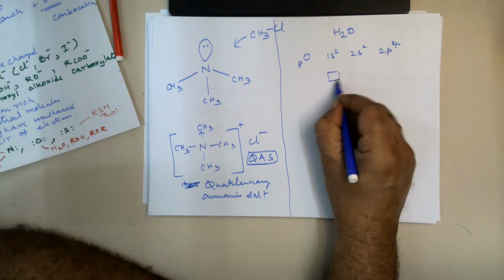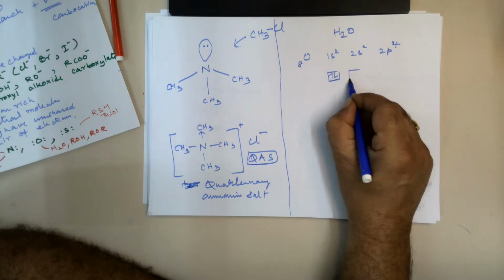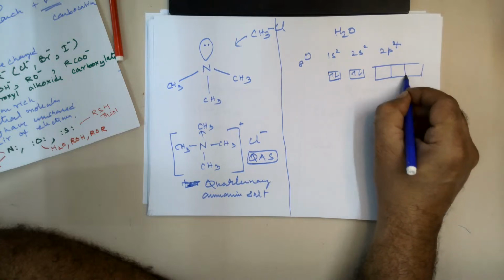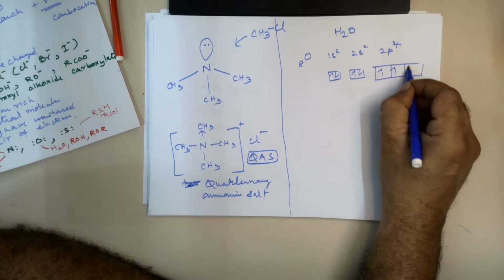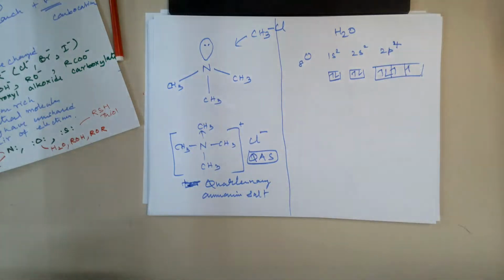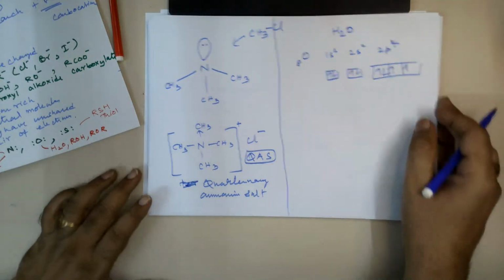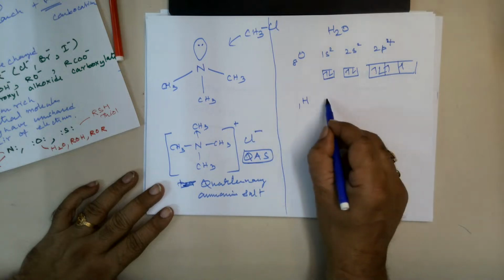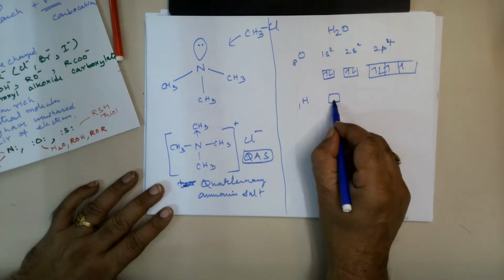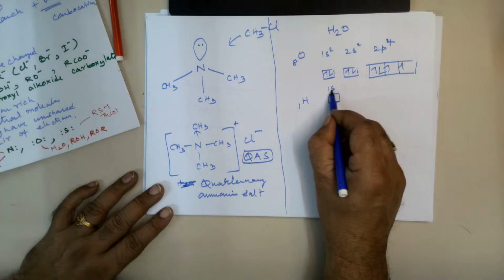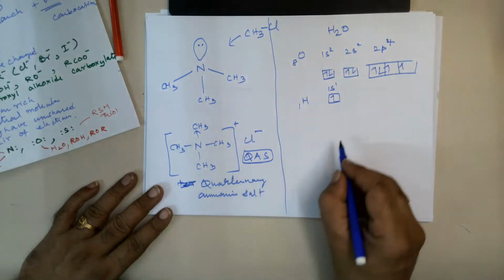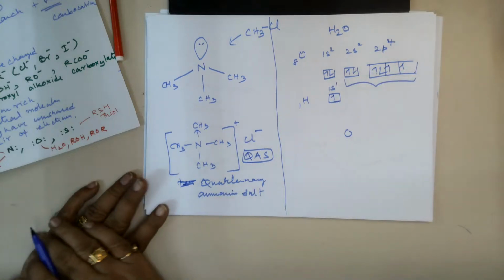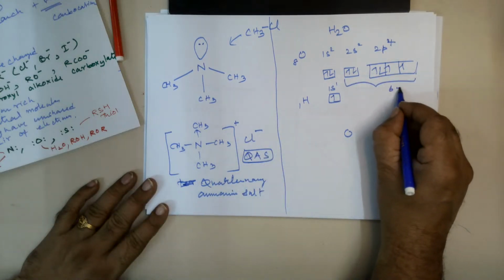So let us introduce the box model: 1s2, 2s2, and then 2p4. And what about hydrogen? It has got only 1s1. Now you have 4 plus 2, 6 electrons in the outermost shell.